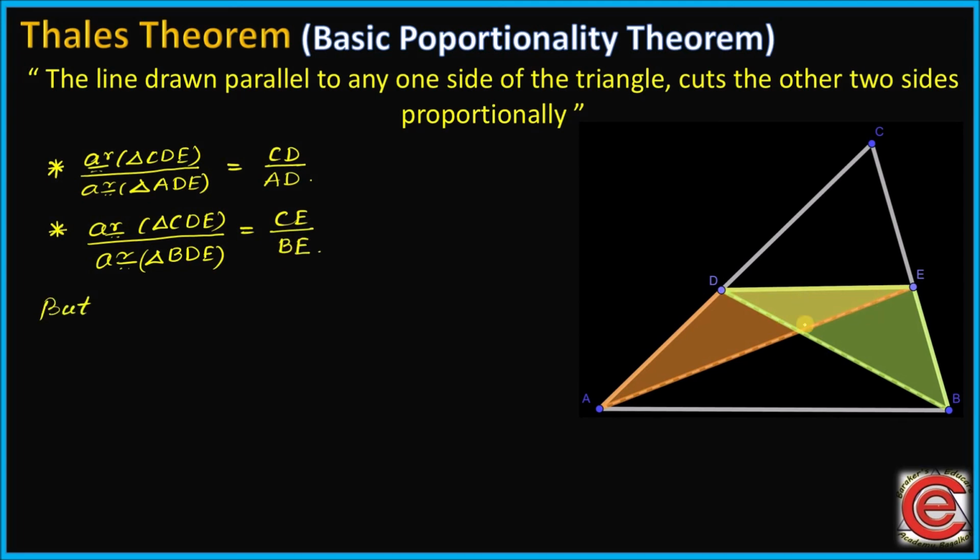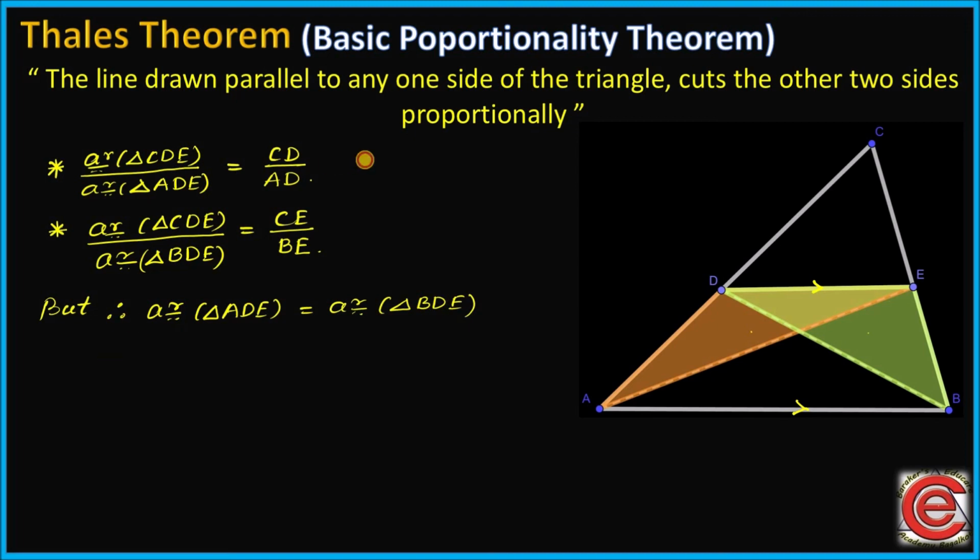But when we see the figure, we find that triangle ADE and triangle BDE both have the same base DE and they are present between the same parallel lines DE and AB. Hence these two triangles will be equal in area according to the previous knowledge we have gathered regarding triangles. Therefore, area of triangle ADE will be equal to area of triangle BDE.